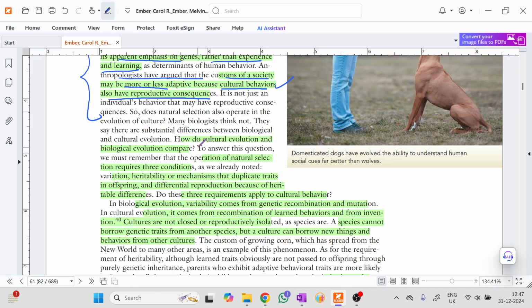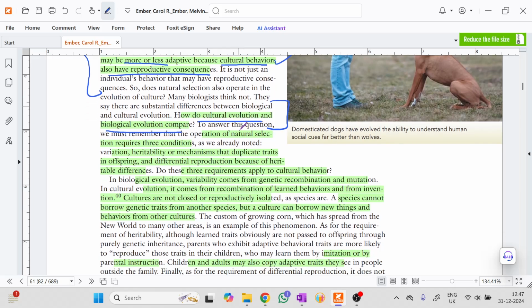Then the question is, how do cultural evolution and biological evolution compare to each other? To answer this question, one must remember that the operation of natural selection requires three conditions: variation, heritability, that is a mechanism that duplicates traits in offspring, and differential reproduction of heritable differences.